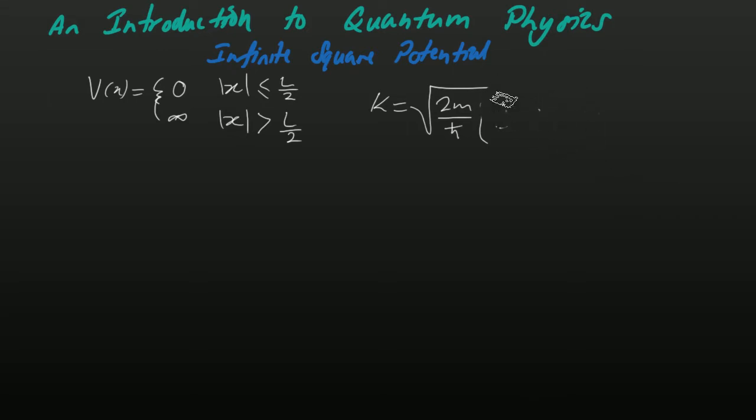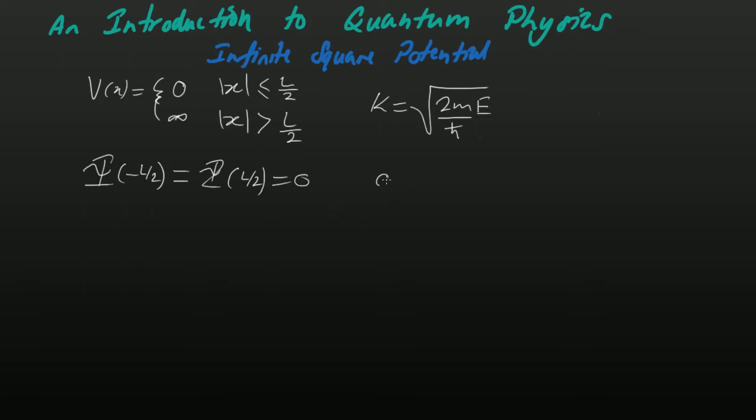We get again the same for k, and yet again we have to use the boundary conditions. So at negative L on 2, that's the same as at L on 2, which is 0.